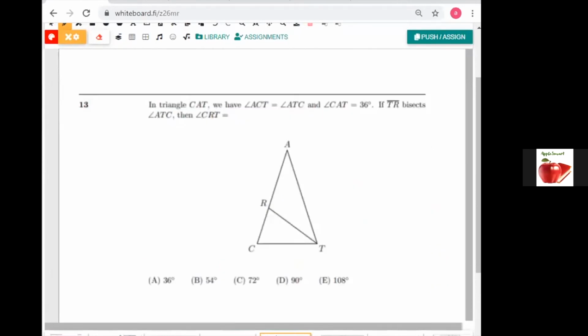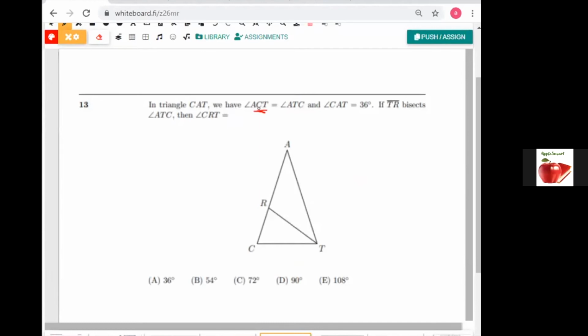All right, angles. How many people like geometry? I like geometry. So it says in triangle CAT, we have angle ACT equals angle ATC. Do you know how angles are written? I would make sure that you understood how angles were written.